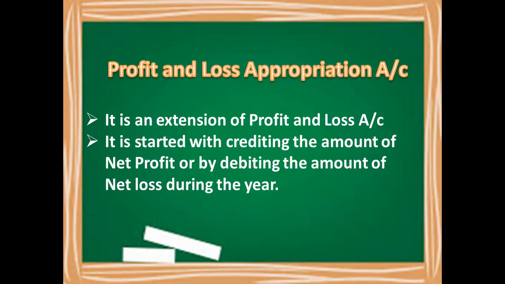This account starts with the balance of net profit. If there is a net profit, it will be transferred to the credit side of the profit and loss appropriation account. If it is a loss, it will be transferred to the debit side.